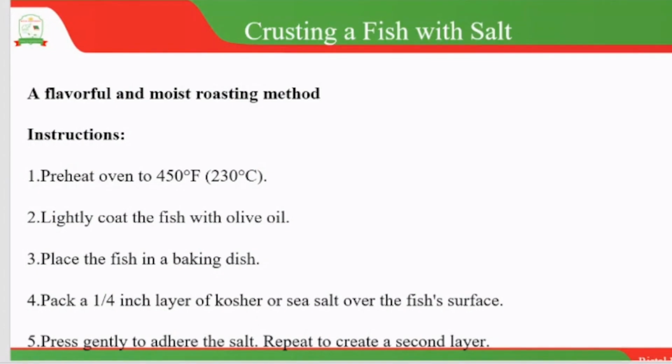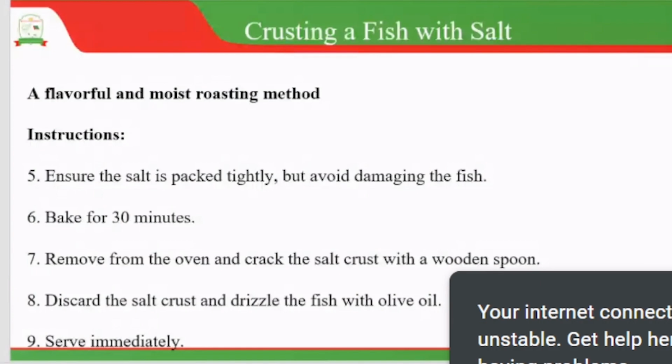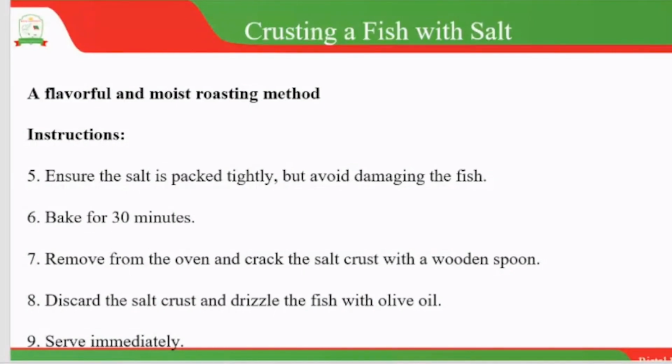Right. So basically, this is just a simple recipe on how to crust this fish, putting the olive oil and the kosher salt into play. So you ensure that the salt is packed tightly and also avoid damaging the fish. Bake for 30 minutes. Remove from the oven.